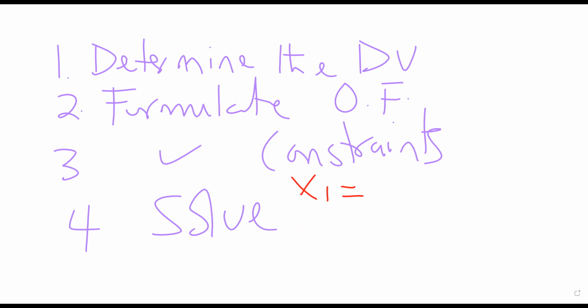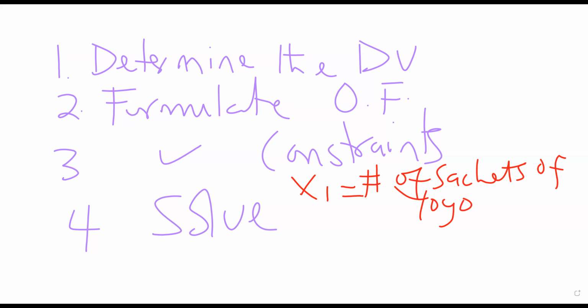That's not correct. You want to bring the unit of measurement. Farmer Ghana Limited, the Fan Yogo is measured in sachet, and the Fan Choco is measured in sachet. So you have to say that X1 is the number of sachets of Fan Yogo to produce.